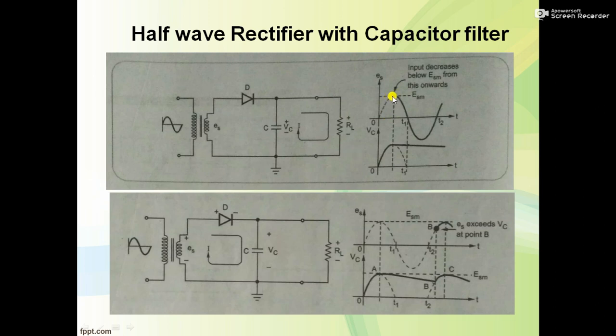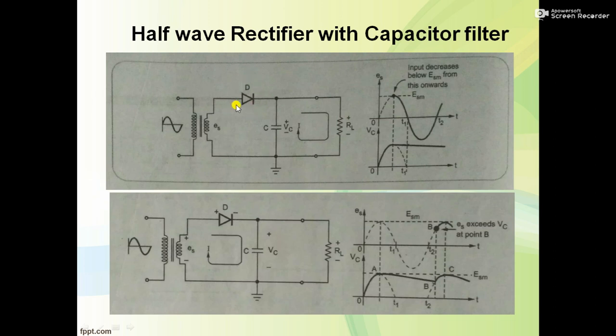After that, if the input voltage, the secondary winding voltage of the transformer, decreases from the peak point to 0 level again, at that time the diode becomes reverse biased.